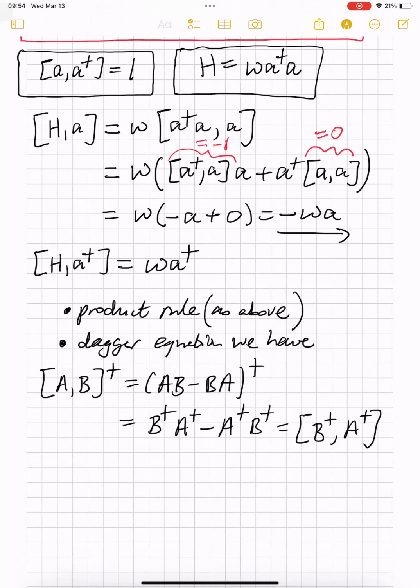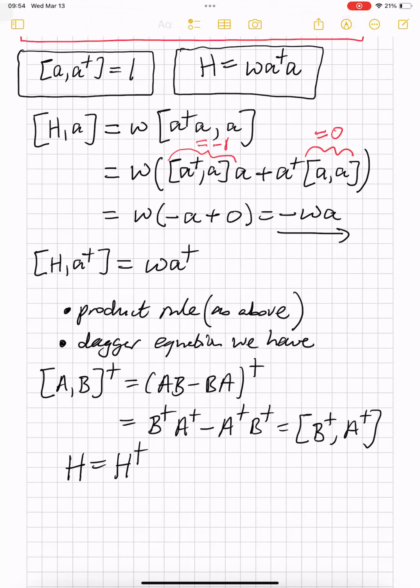So if you take the dagger of the commutator of H with A, you're going to get the commutator of A dagger with H dagger. And then don't forget, something you can very easily check, that H is equal to H dagger. And under the dagger, a real number is unchanged. So you should know enough to get the commutator of H with A dagger from the commutator of H with A.